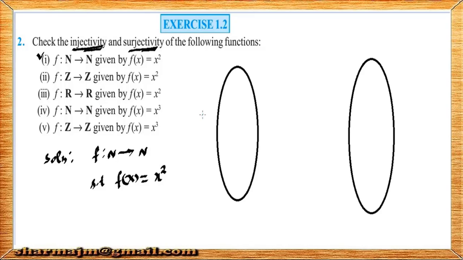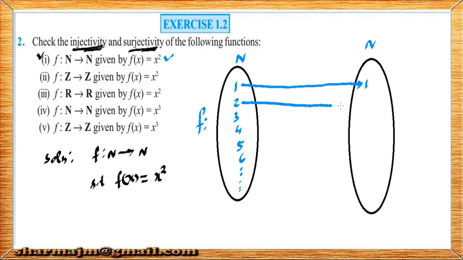Now let f be a function from the set of natural numbers to natural numbers. So natural numbers are 1, 2, 3, 4, 5, 6 and so on up to infinity. By definition, image of 1 is 1 square, that is 1.